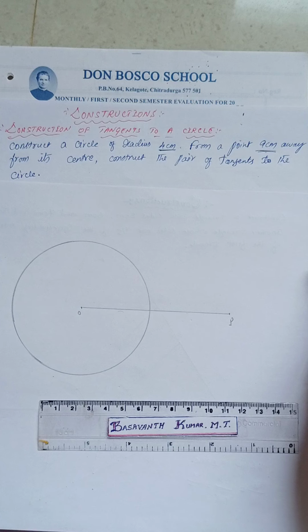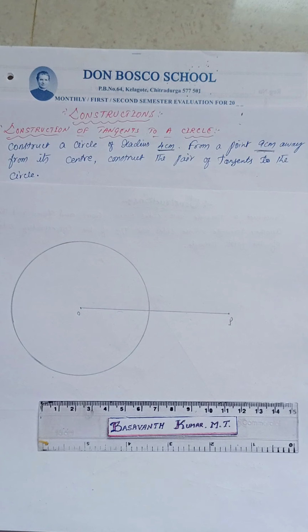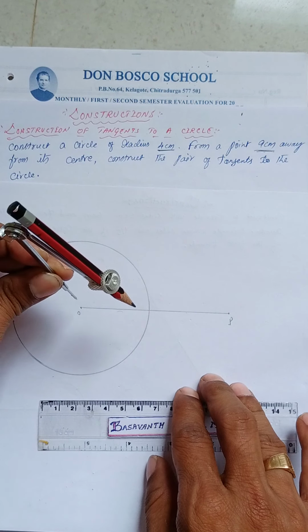Now let us draw two tangents to this circle. For that you have to find the contact points. For that, let us take the perpendicular bisector of this line OP. To draw the tangents, contact points are needed.